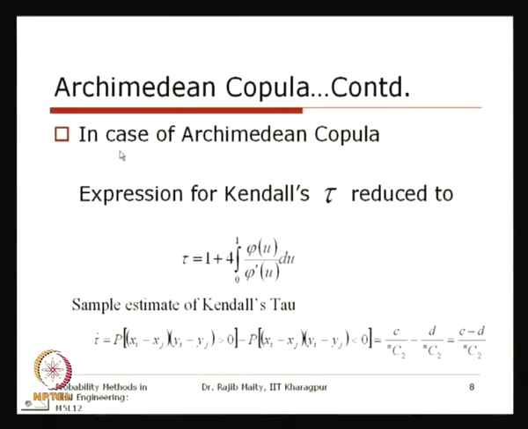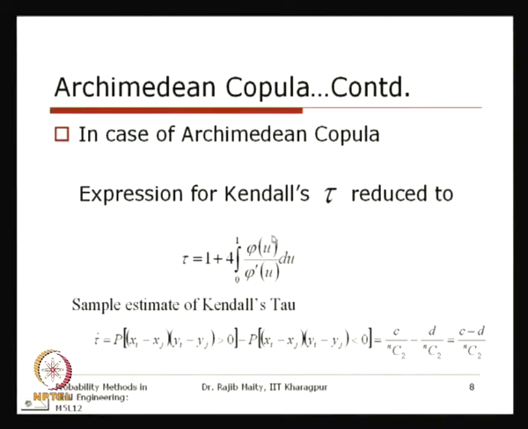So, in the case of Archimedean copula, this Kendall's tau is reduced to this form, that is 1 plus 4 times the integration from 0 to 1 of phi u by phi prime u. This phi prime u is the first order derivative of that function with respect to u, and this phi u, you know, is the generator of this function, and we integrate with a definite integral from 0 to 1, and that 4 times plus 1 gives you the form of this tau.